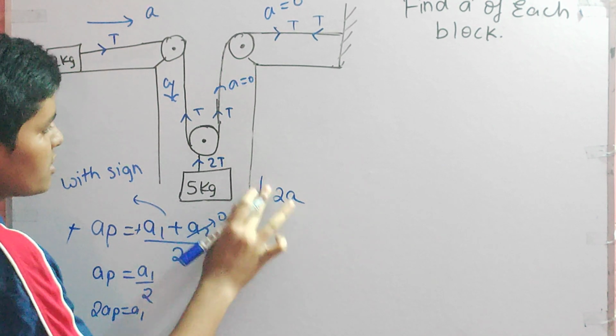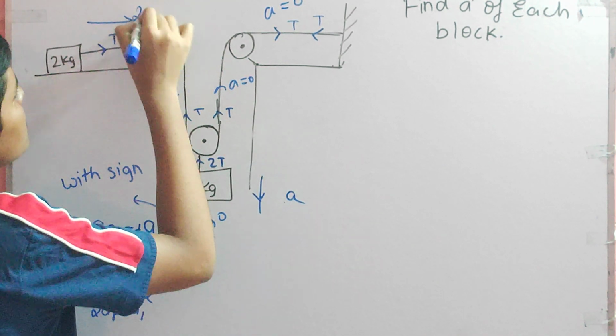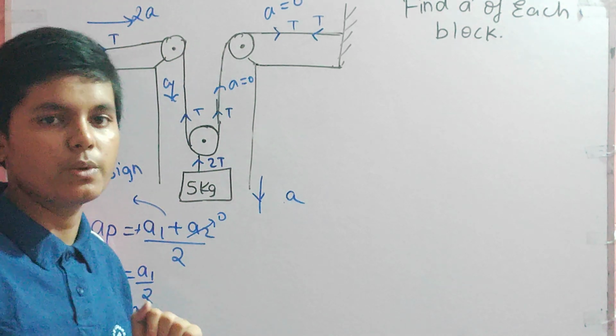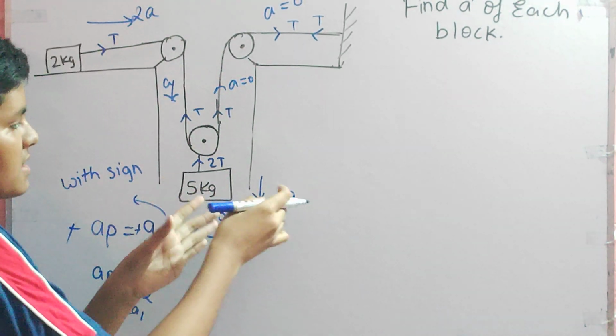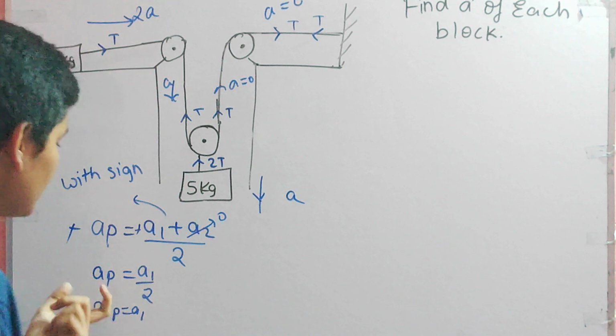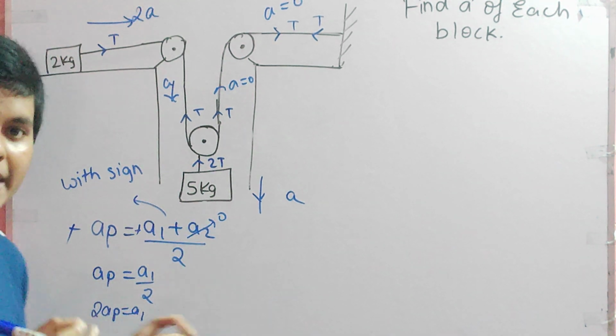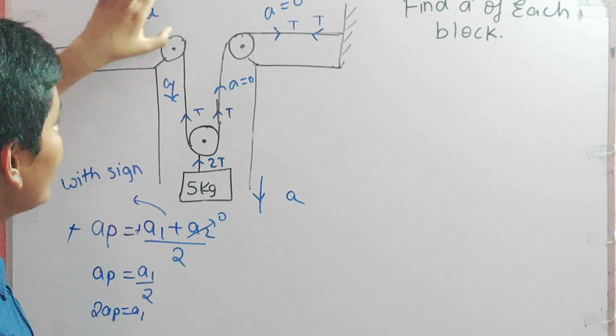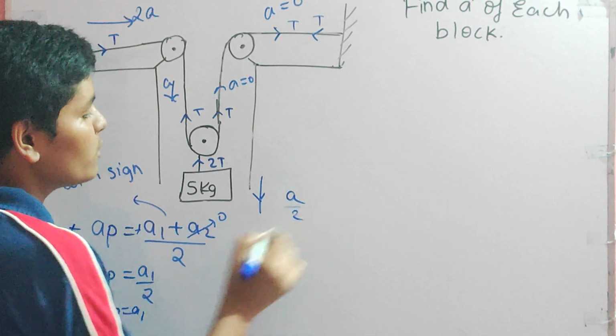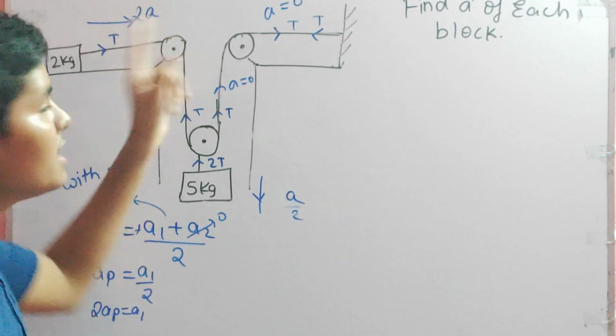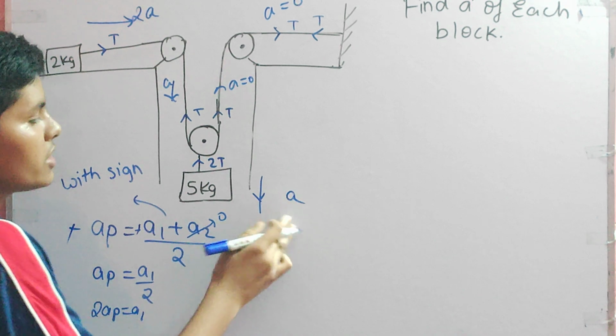This will go with 2A. If this is moving down with acceleration, what is the relation? AP is equal to A1 by 2. So if this is moving with A, then this acceleration will be A by 2. But we are assuming this is going with 2A acceleration, so this acceleration will be A.